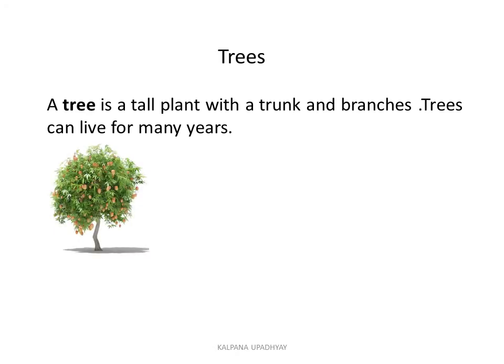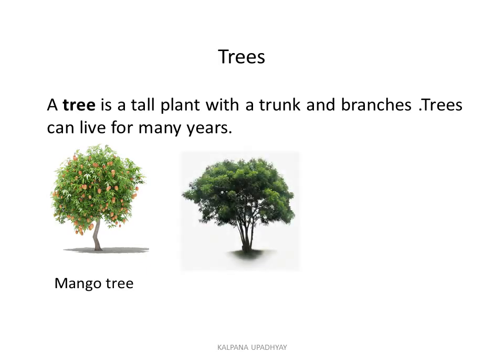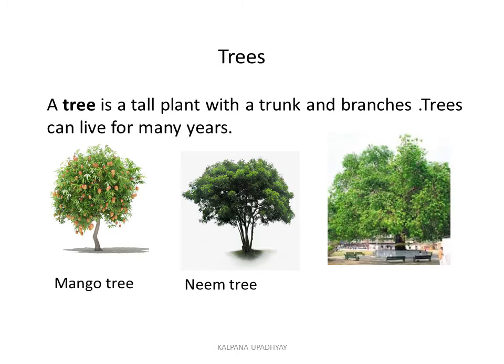Here we can see one tree, mango tree. Neem tree. Neem tree is very useful for medicines. Each and every part of the neem tree can be used as medicine. Peepal tree. Peepal tree has thick bark.